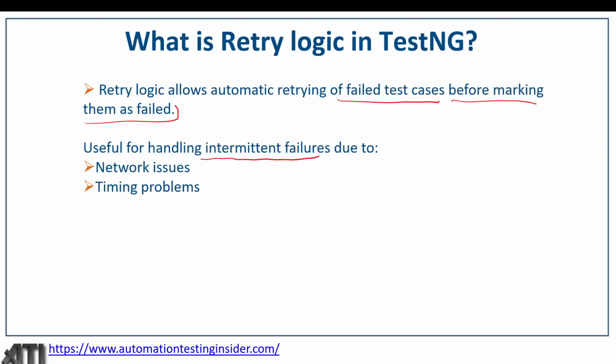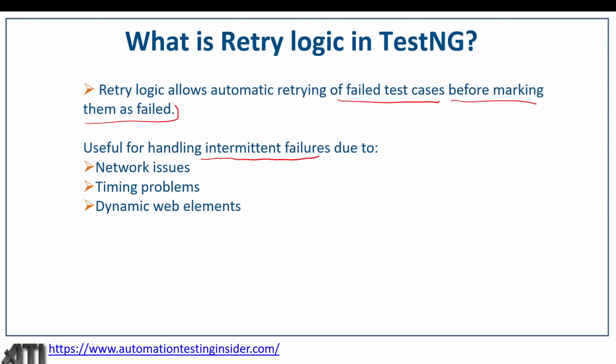Another one would be timing problems, synchronization kinds of issues. Our test script may fail even if we have properly synchronized it, because of some other environmental timing related problems. Another one would be dynamic web elements.